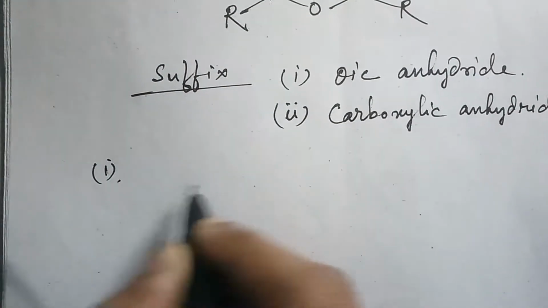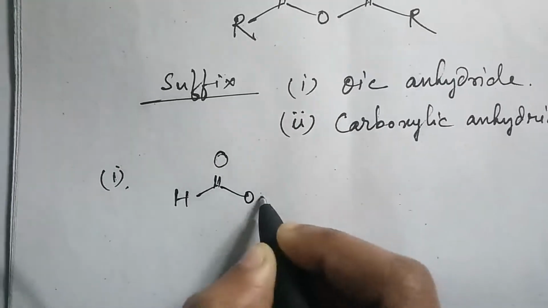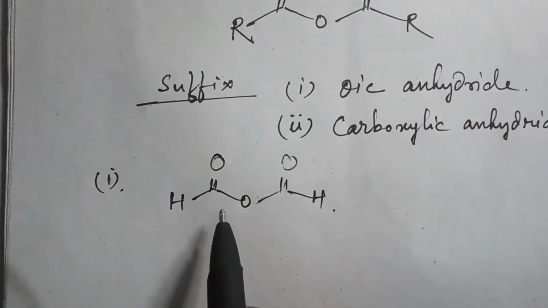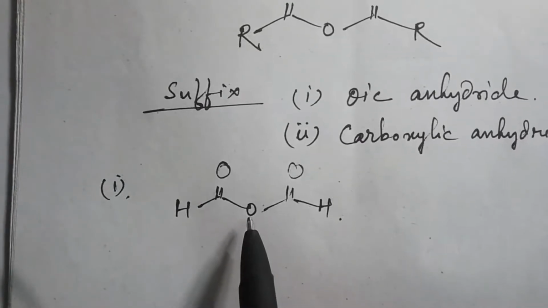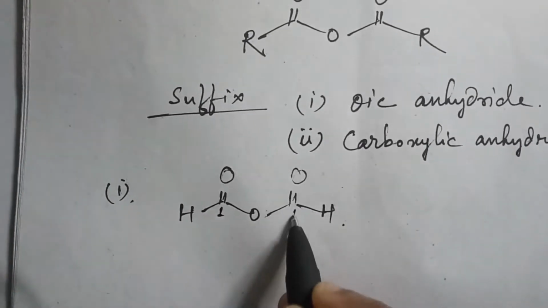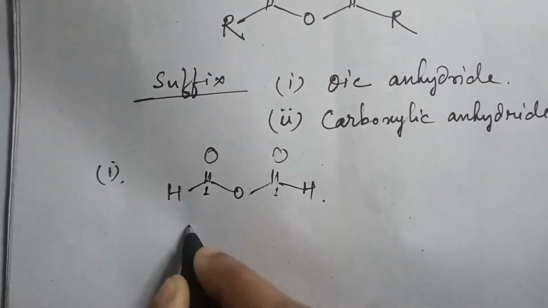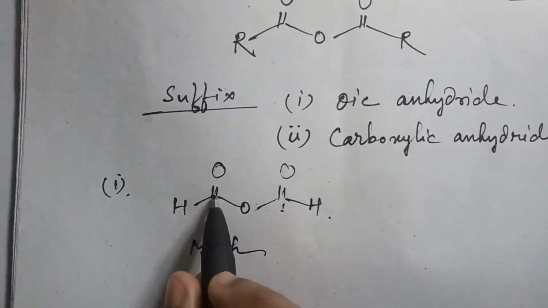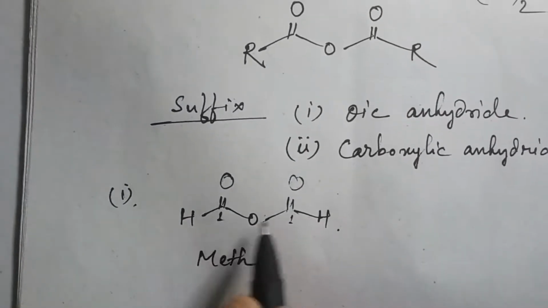Suppose the simplest anhydride, HC=O, O, C=O, H. Here you can see one carbon atom present on both sides of this oxygen. So for one carbon atom, we know the root name is meth. Single bond is present between carbon and hydrogen, right? In this main chain, single bond is present.